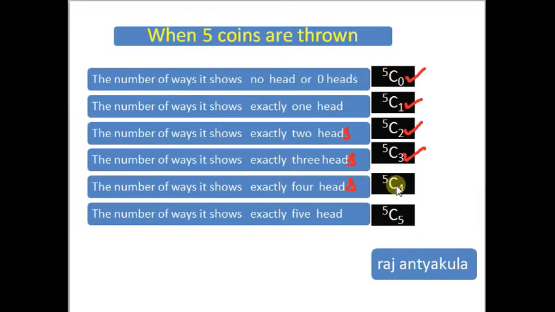Exactly 4 heads is 5C4. Exactly 5 heads is 5C5. Okay. The total number of outcomes is 5C0 plus 5C1 plus 5C2 plus 5C3 plus 5C4 plus 5C5, which is nothing but 2 power 5, which equals 32.